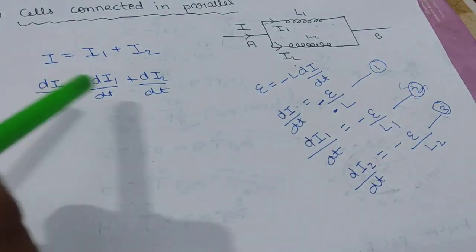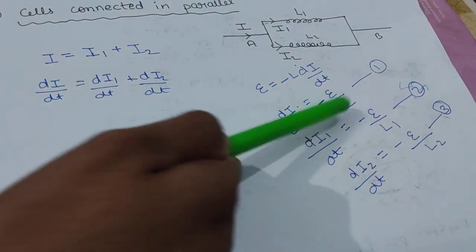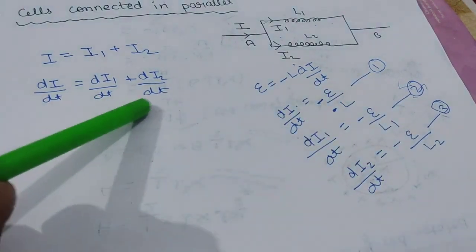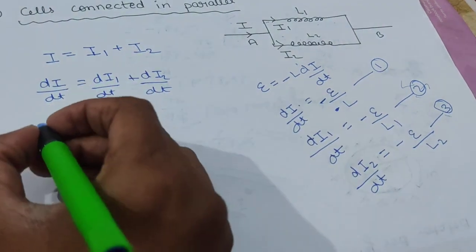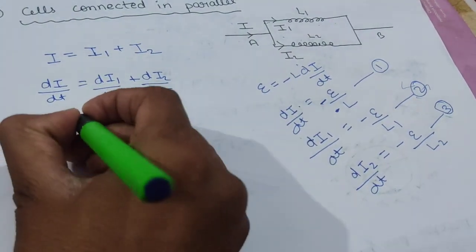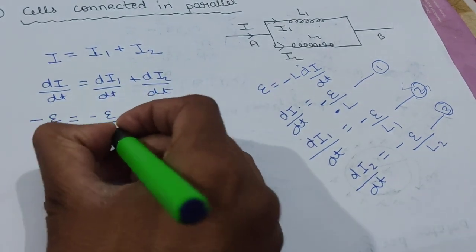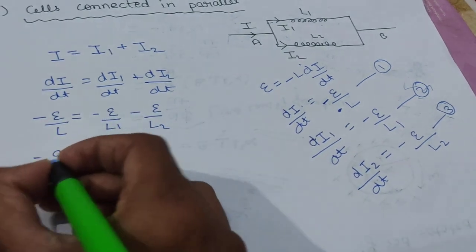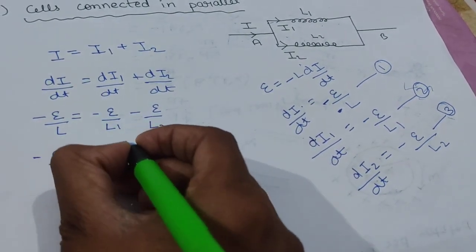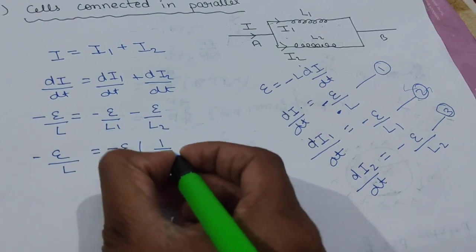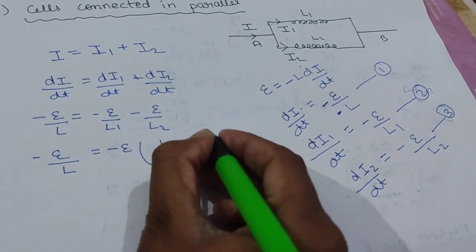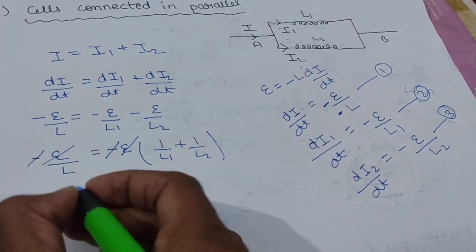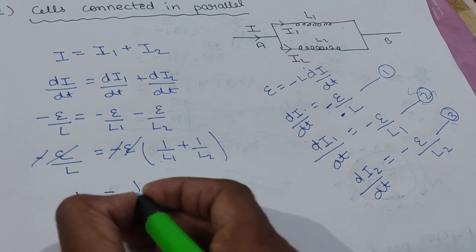Put the values of di by dt, di1 by dt and di2 by dt from equations 1, 2 and 3 in the respective places. We get minus E by L equal to minus E by L1 minus E by L2. Take the minus E as common, and then cancel the E and the minus sign, and we are left with 1 by L equal to 1 by L1 plus 1 by L2.